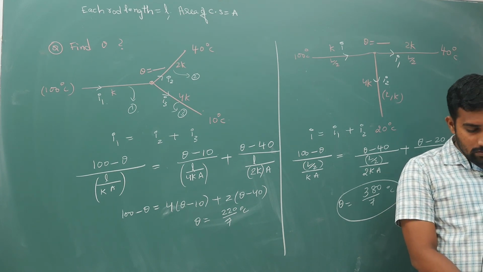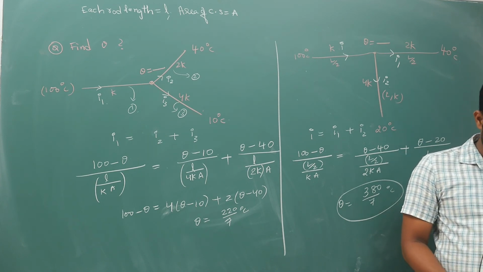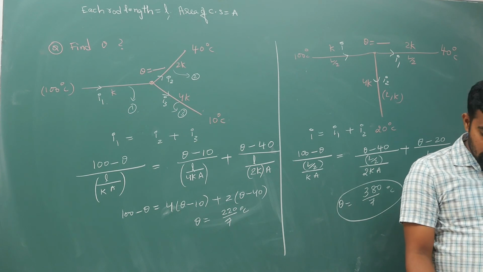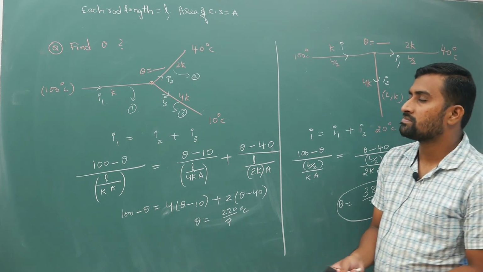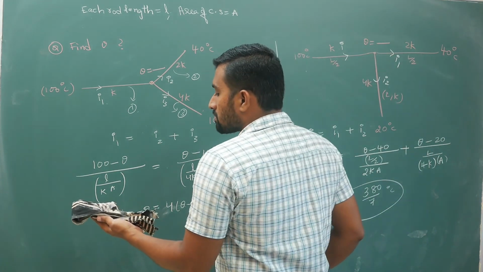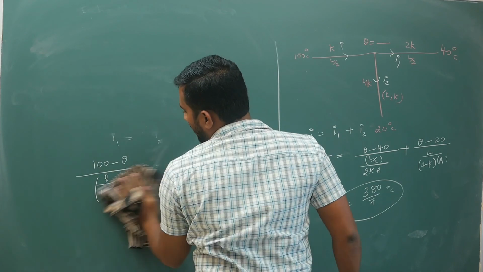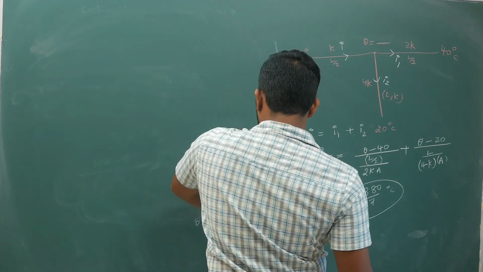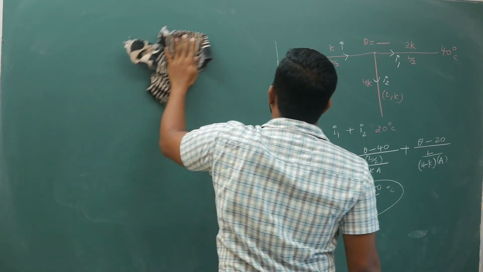So like this you are supposed to calculate your junction temperatures. Next, now your next question is... I am covering all the basic problems. Write the notes while you are watching this video, and referring to the notes you have to do the problems.